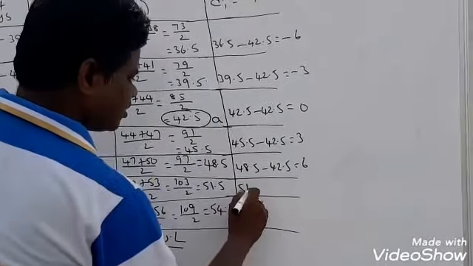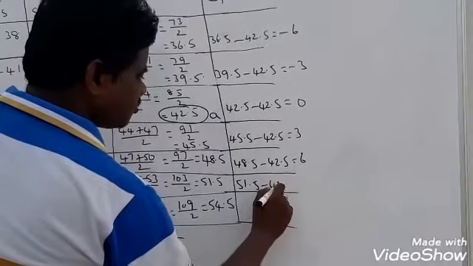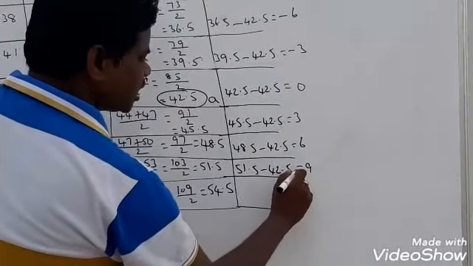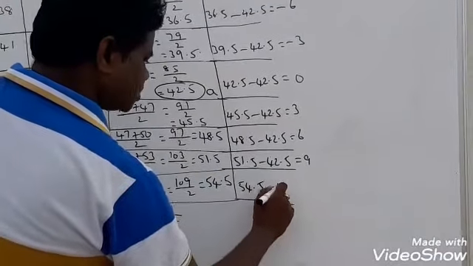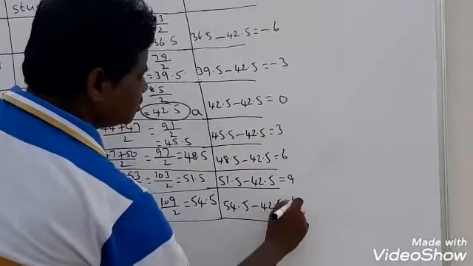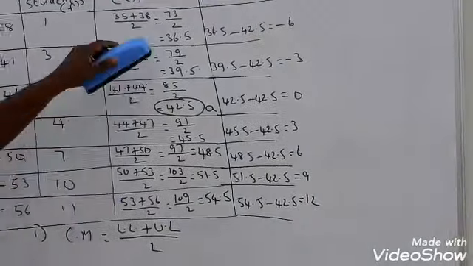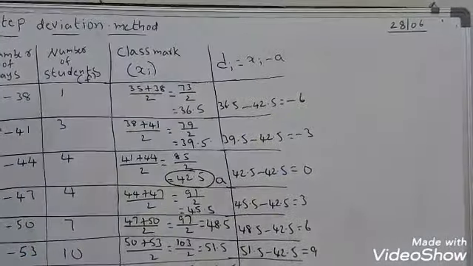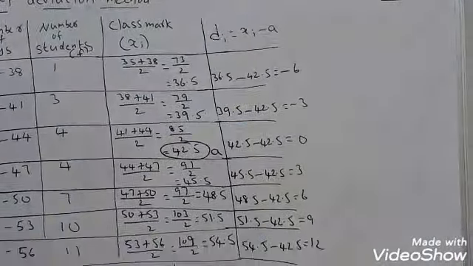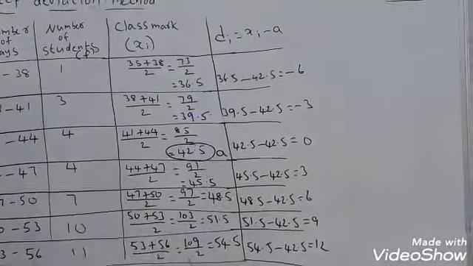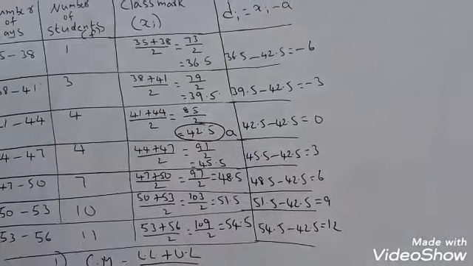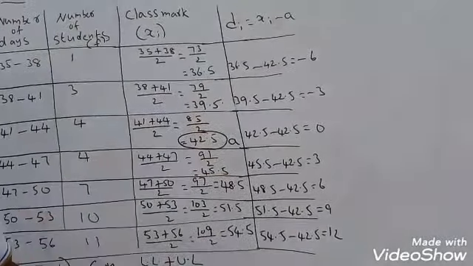Next, 51.5 minus 42.5 equal to 9. Next, 54.5 minus 42.5, if you subtract, 12. So di is equal to xi minus a. From each class mark you have to subtract 42.5 because I took that as a here.